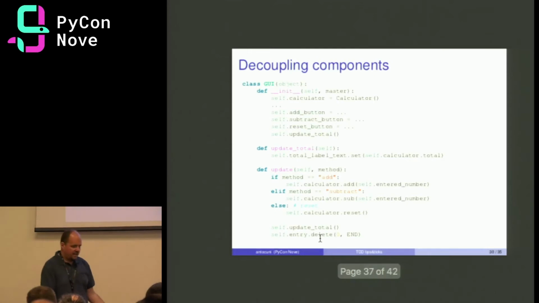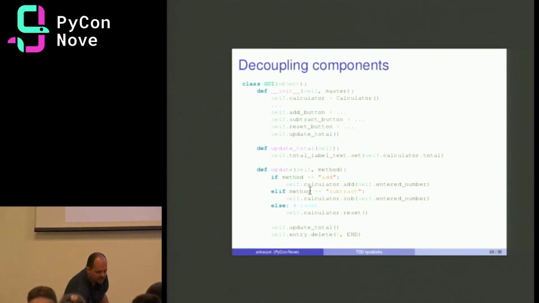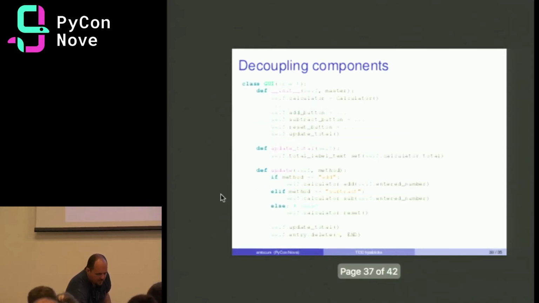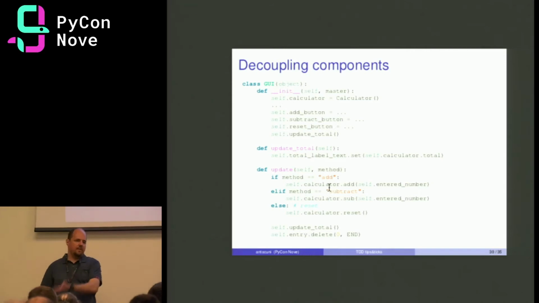But then you have the GUI, which is as complex as before, but instead of doing the addition and the subtraction in line, as we started from here, it delegates the logic to the calculator class.